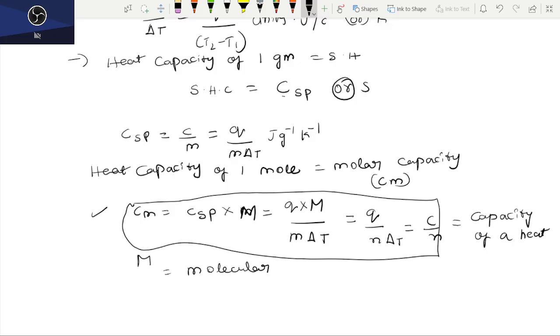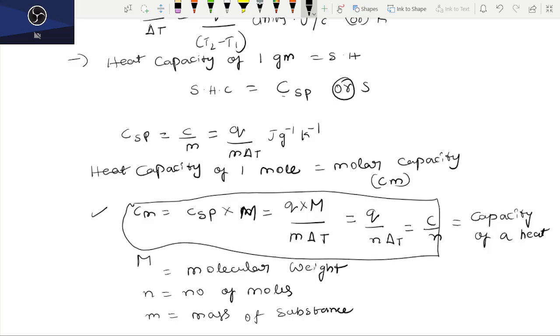Molecular weight of a specific substance is going to be taken by M. n is equal to, already told you, the number of moles of a substance. Small m is equal to the mass of a substance. Capital M represents molecular weight, but mass of a substance is indicated by small m here.